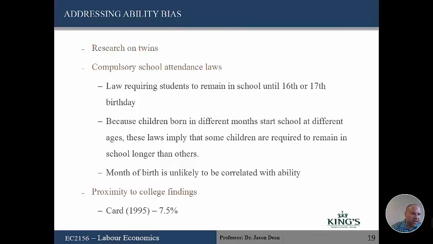It has to do with this law. And so then you can use that idea and compare and see what the returns are to that additional amount of schooling that was obtained, and that had nothing to do with the person's ability.